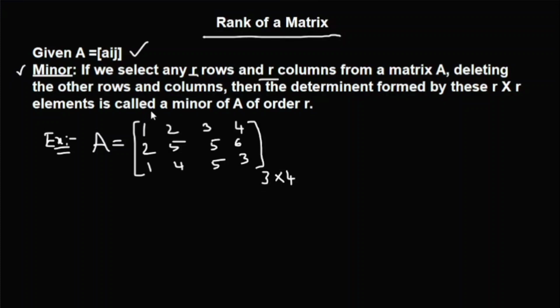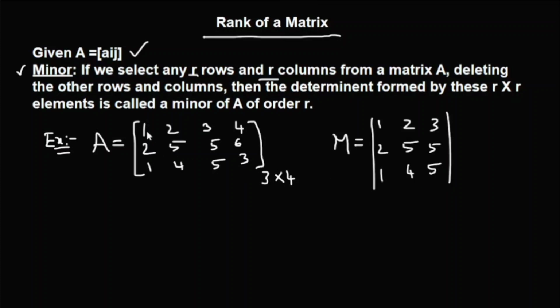So now, I take R1, R2, R3 and C1, C2, C3. Then what you are going to get is the determinant of the first 3 rows and first 3 columns. That means we have to eliminate the 4th column. So 1, 2, 3, 2, 5, 5 and 1, 4, 5.